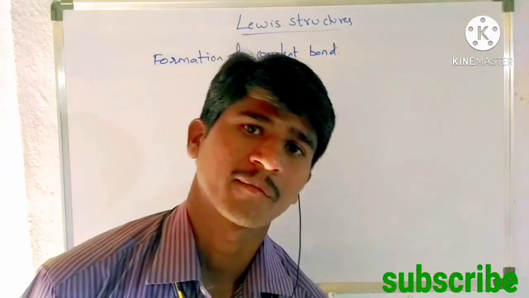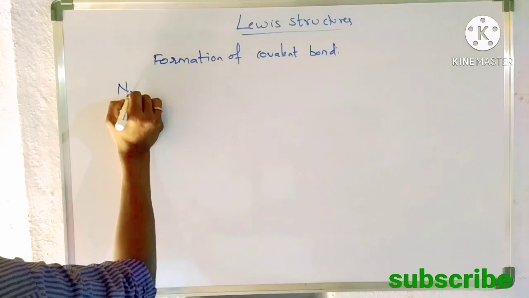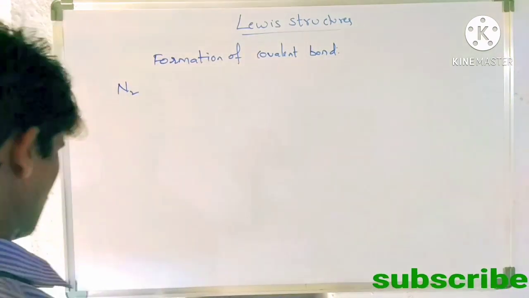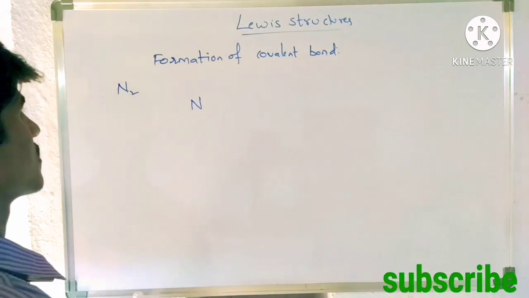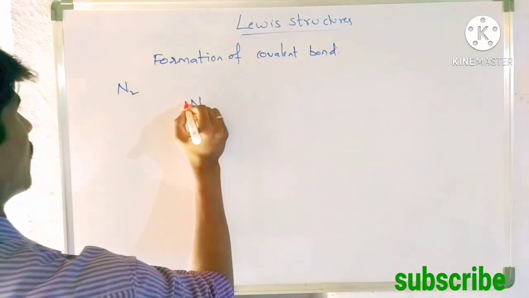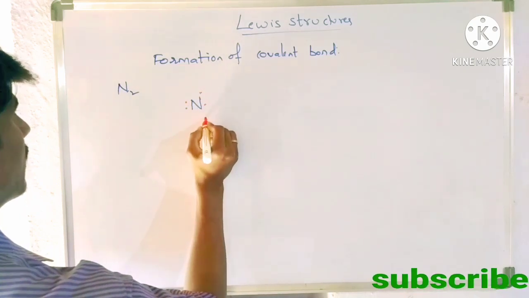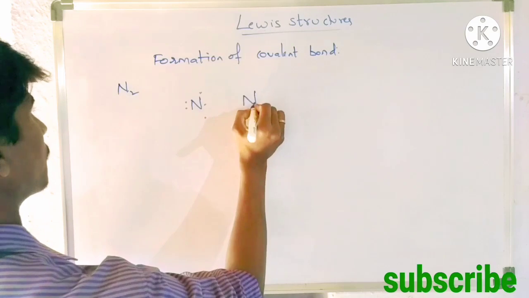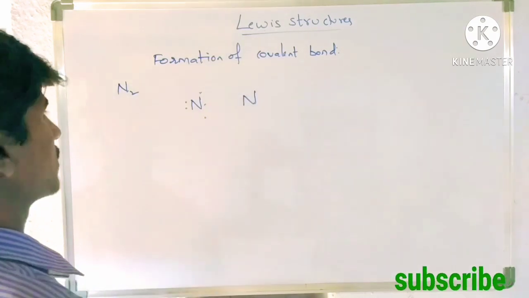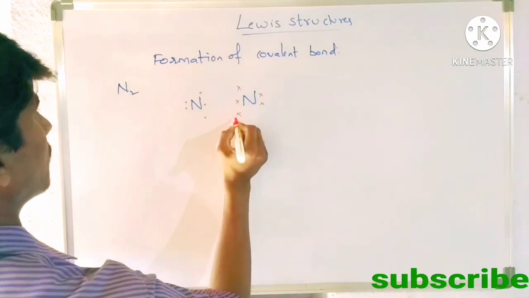Next, let us discuss the formation of the N2 molecule. We know very well the Lewis dot symbol for nitrogen: one paired electron is there, 3 unpaired. Here also another nitrogen: one paired, 3 unpaired.